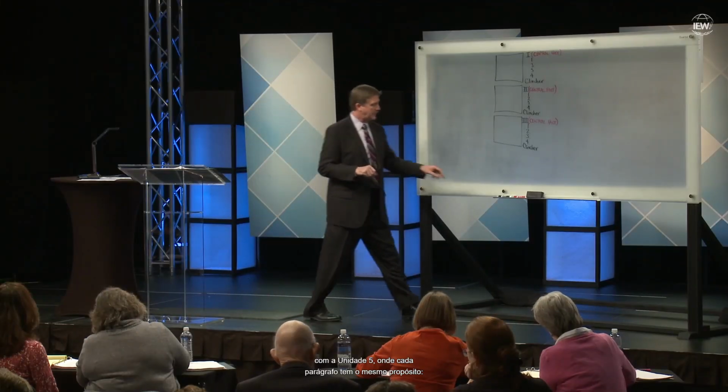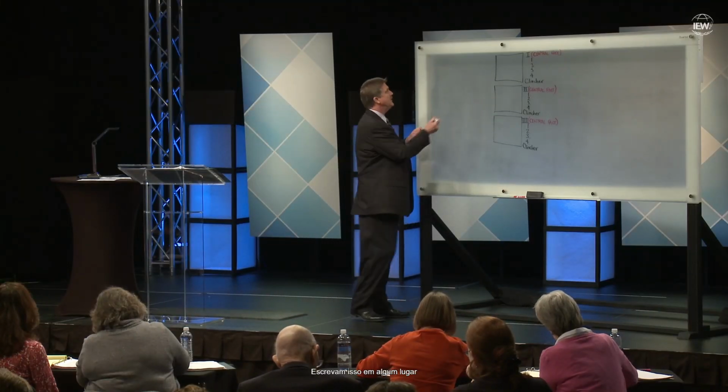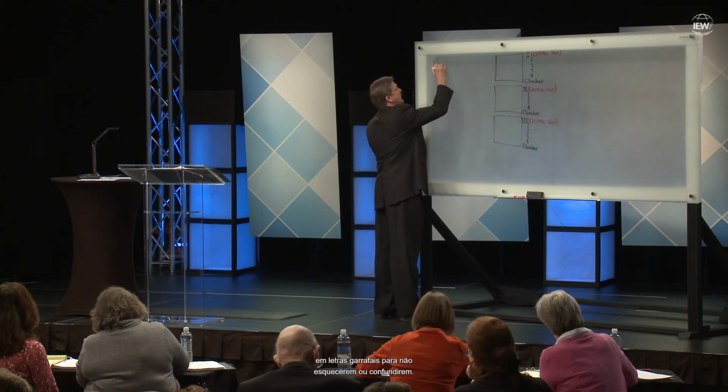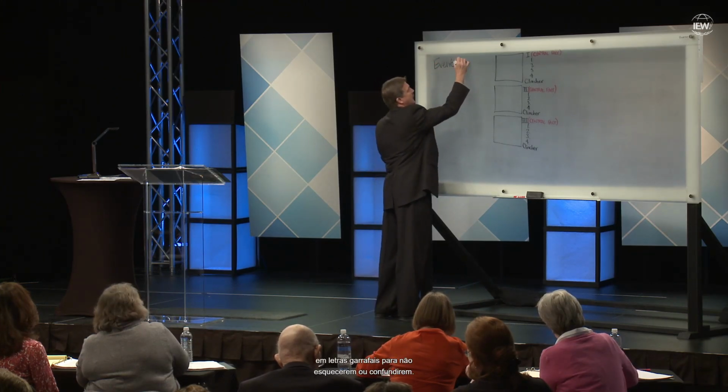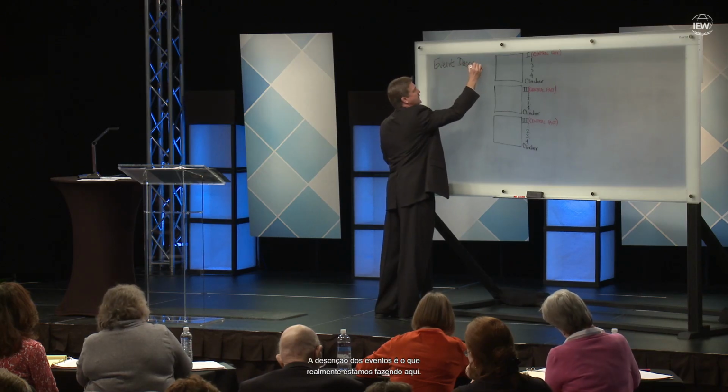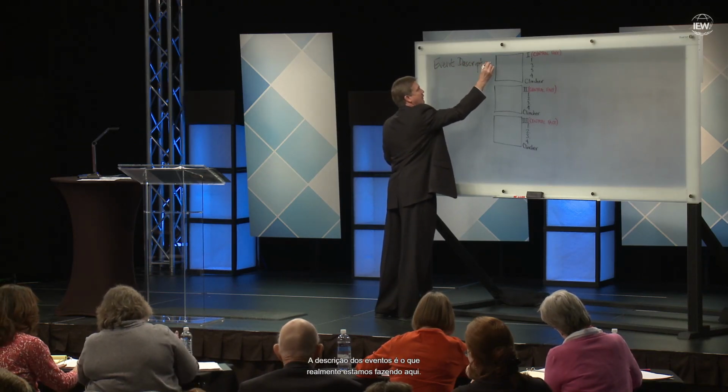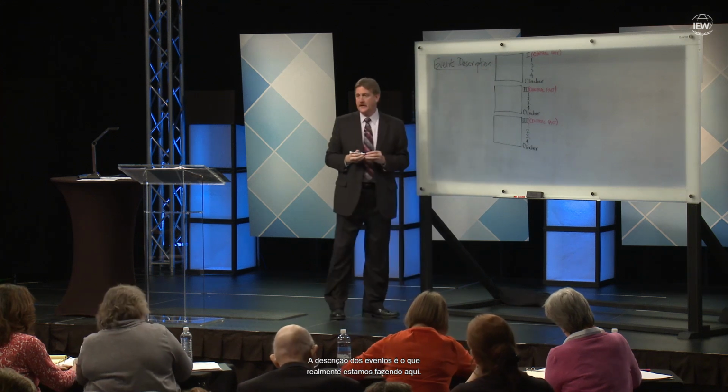So don't get confused between Unit 3, where each paragraph has a different purpose, and Unit 5, where each paragraph has the same purpose to describe the picture. So somewhere in large letters, put that down so you don't forget or get confused. Event description is really what we're doing here.